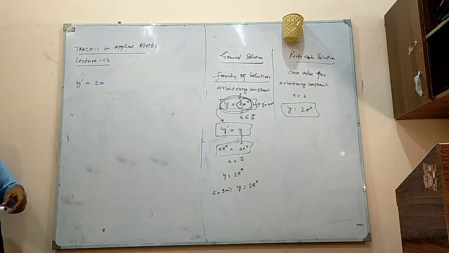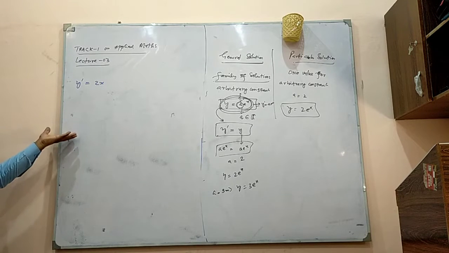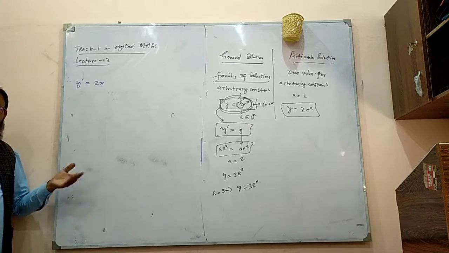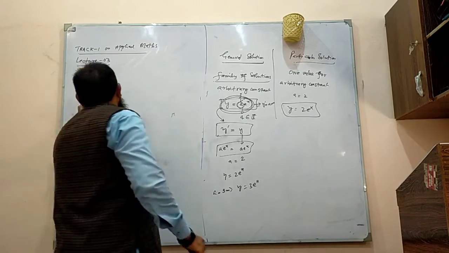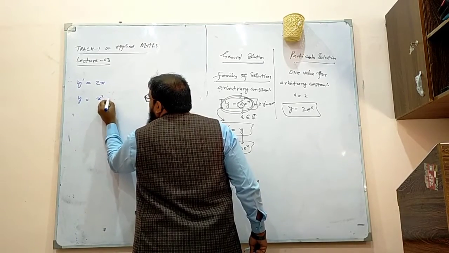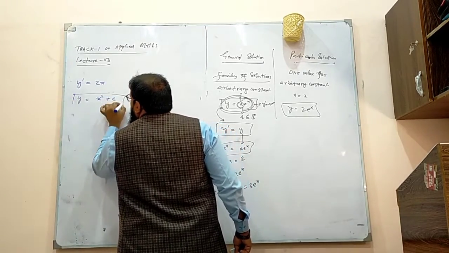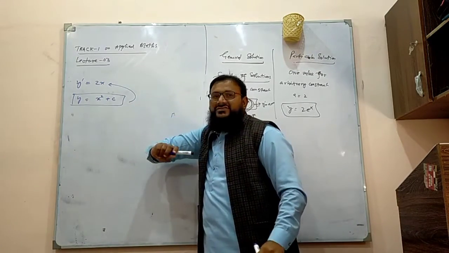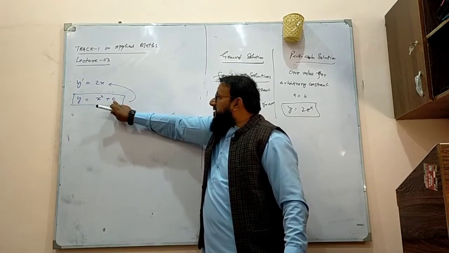It's a differential equation and it can be easily solved. You just integrate on both sides, or by separating variables. Then the integral of y prime would be y, and the integral of 2x is x square plus an arbitrary constant. So this is the solution to this differential equation. But this is a family of solutions because it involves c.